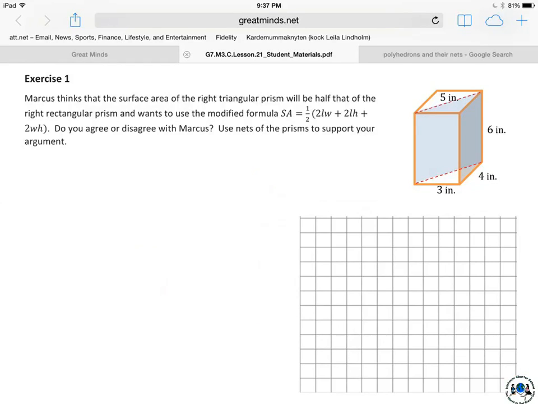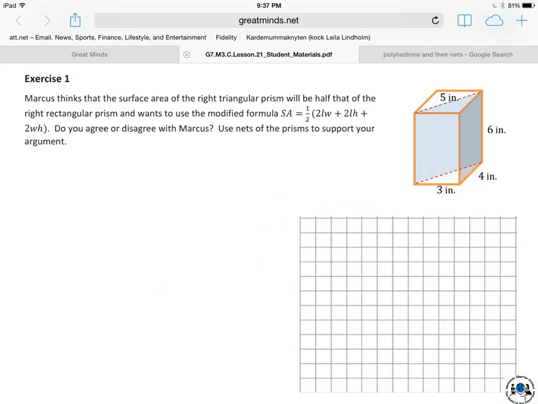Okay, so with that in mind, I wanted to give you a little refresher on this idea of right prisms, because we have a right prism in this next activity, this exercise 1. Let me go ahead and read this to you. Marcus thinks that the surface area of the right triangular prism will be half that of the right rectangular prism, and wants to use the modified formula.